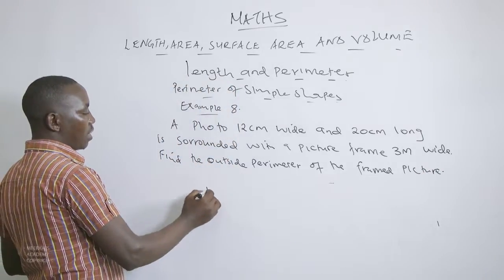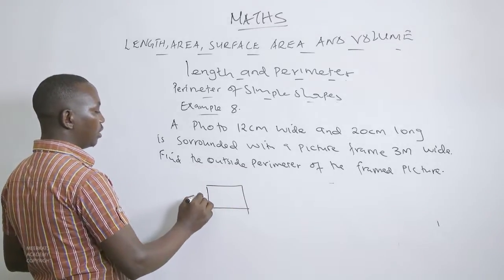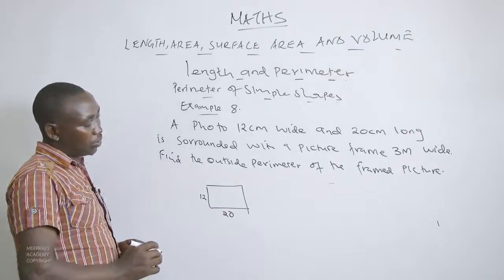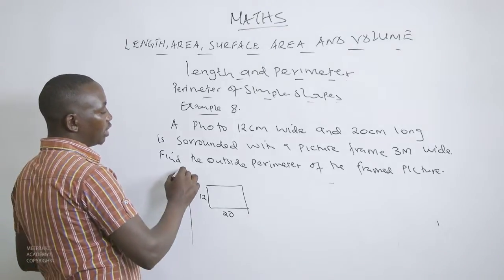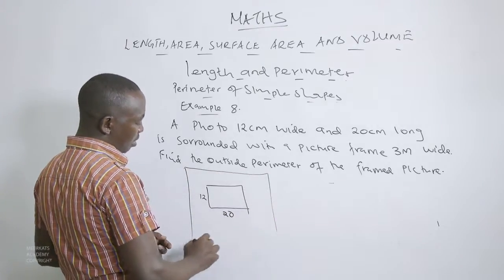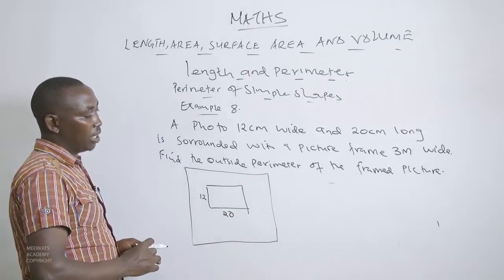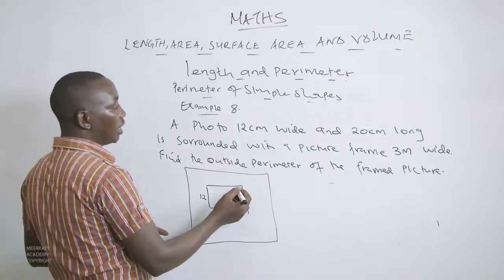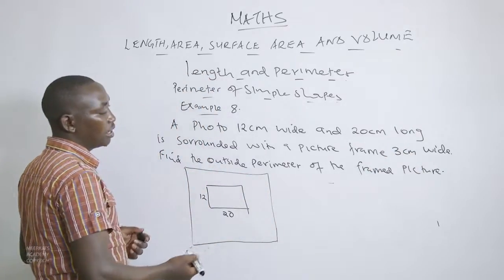So we have the picture, which you have been told is 12 centimeters by 20 centimeters. Then we have a picture frame which we have been told is surrounding it 3 centimeters wide.